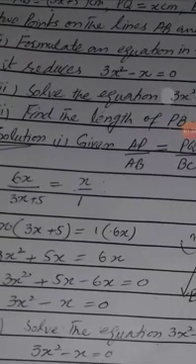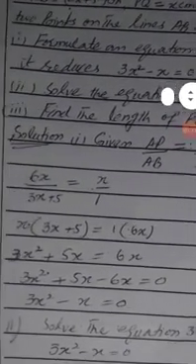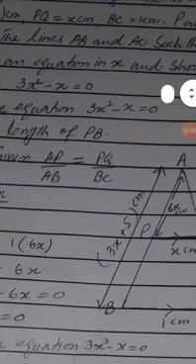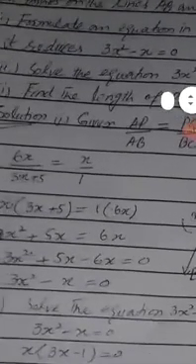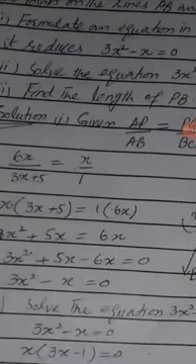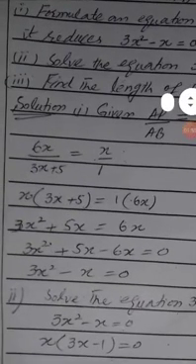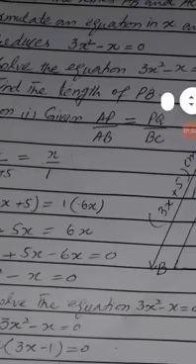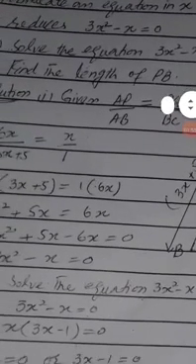Now, first of all, we will solve its first part. AP over AB is equal to PQ over BC, which is given in the statement. AP value is 6x and AB value is 3x plus 5, is equal to PQ value x and BC value 1.